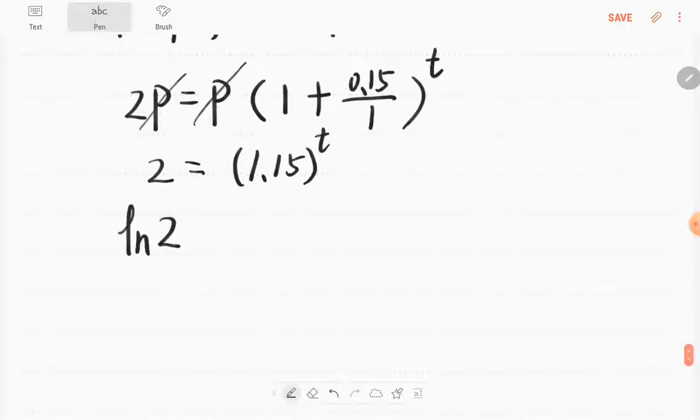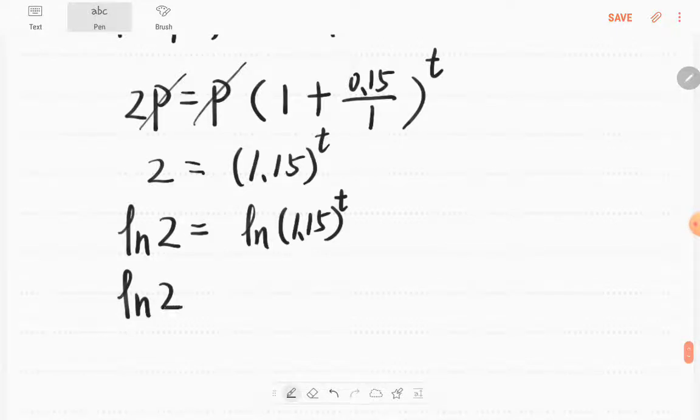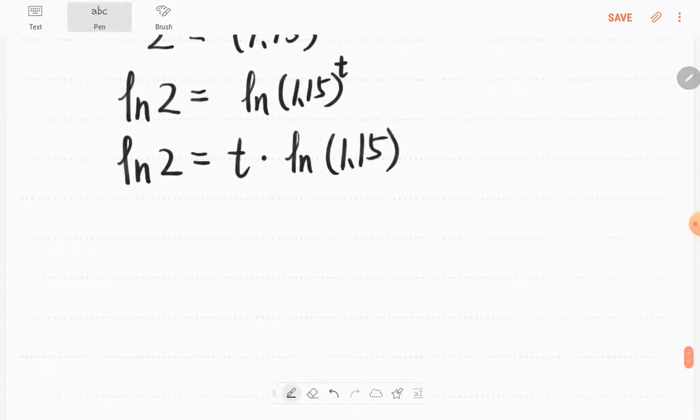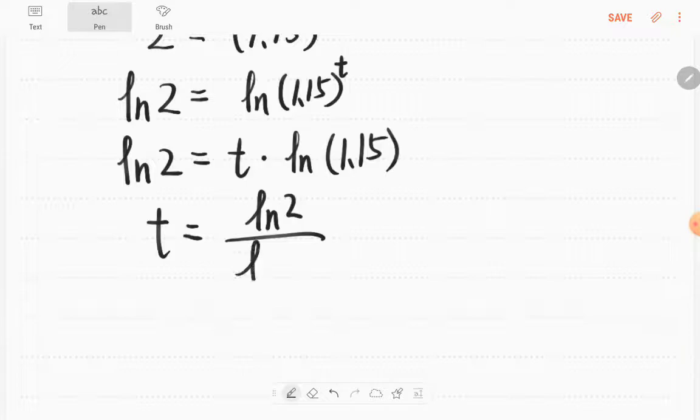Natural log of 2 equals natural log of 1.15 to the t. We can bring down t in front of the natural log. So it's natural log of 2 equals t times natural log 1.15. Then t is equal to natural log of 2 divided by natural log 1.15.